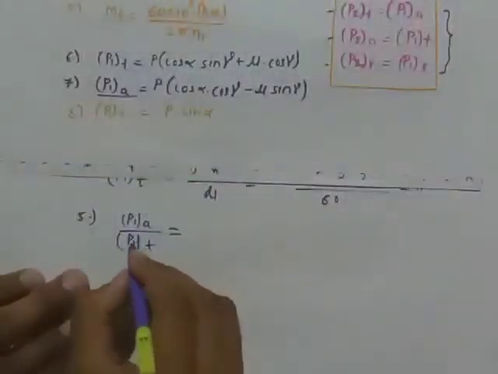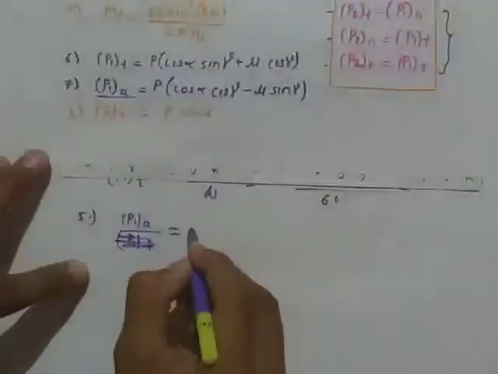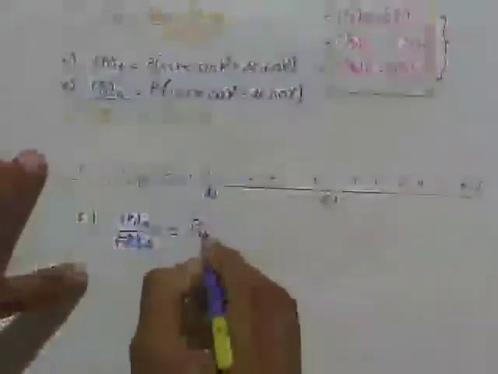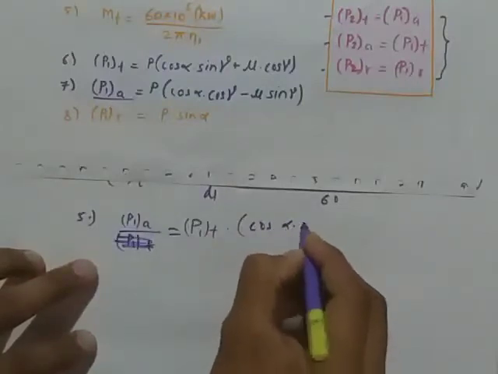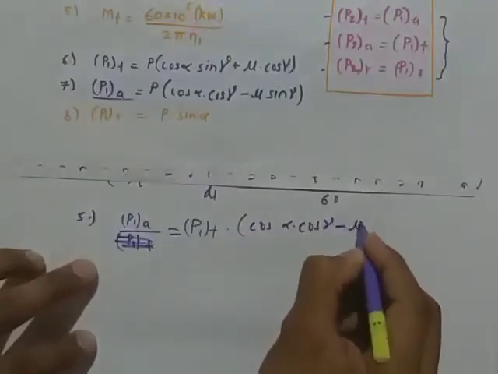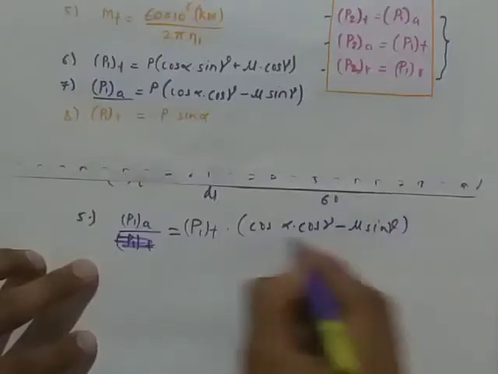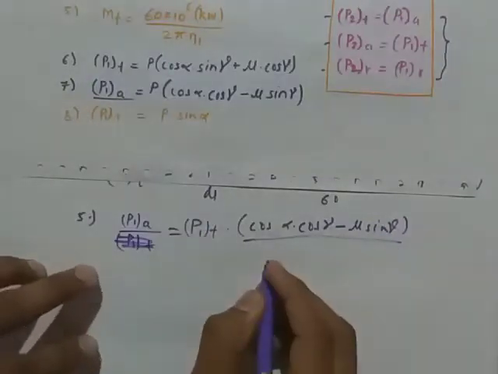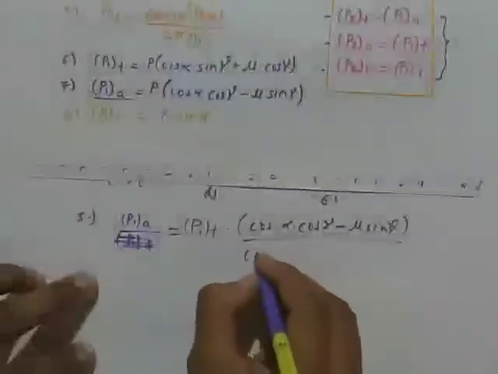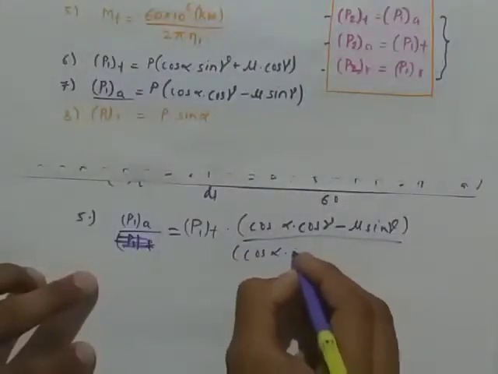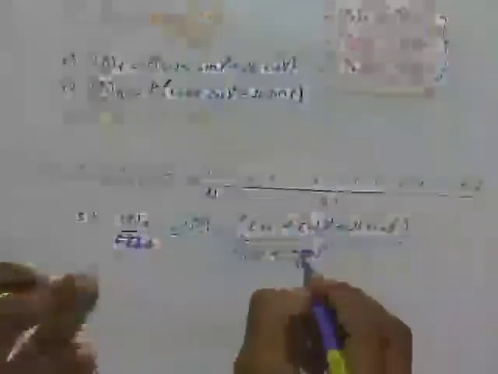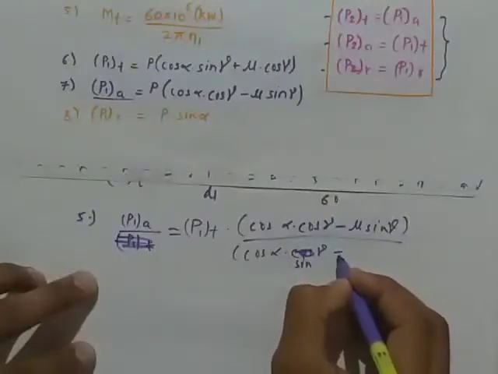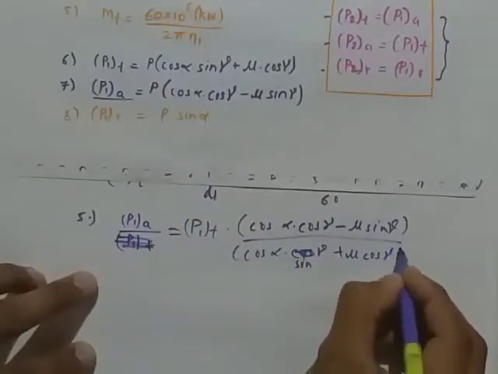I will write down P1T over here, into cos of alpha into cos of gamma minus mu sine of gamma, that is P1A, divided by P1T, that is cos of alpha into sine of gamma plus mu cos of gamma. So we have this ratio.